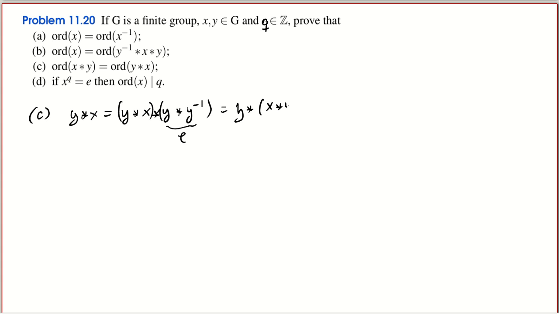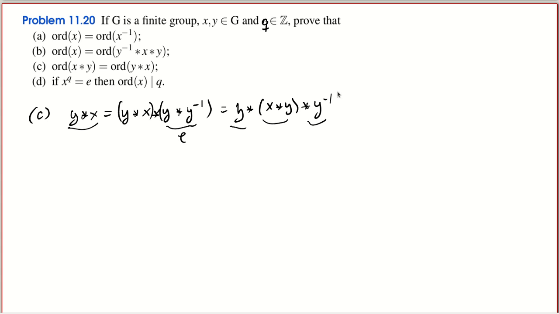What this is telling us is that this element, whatever it is, can be expressed as this times this times this, which has exactly the same structure.